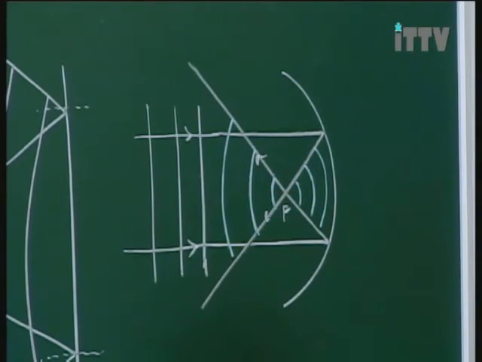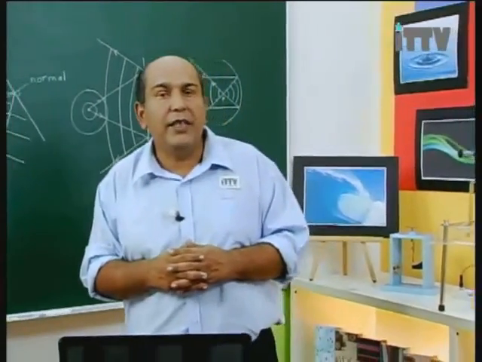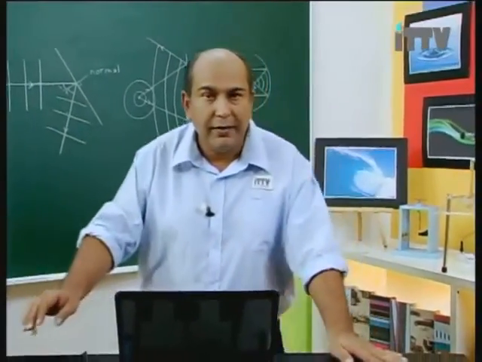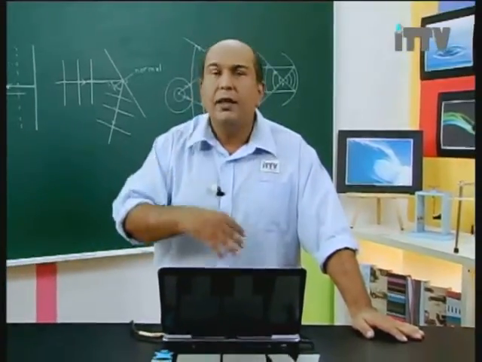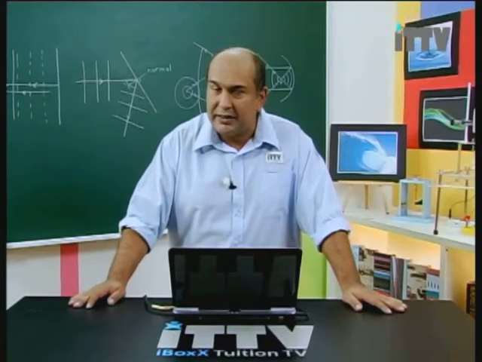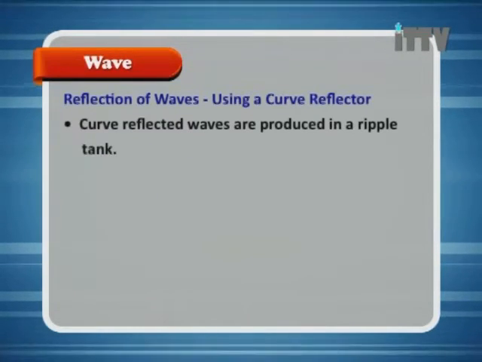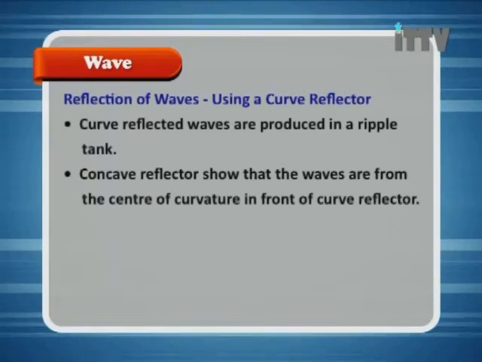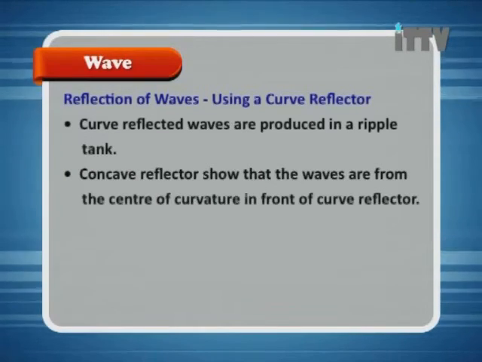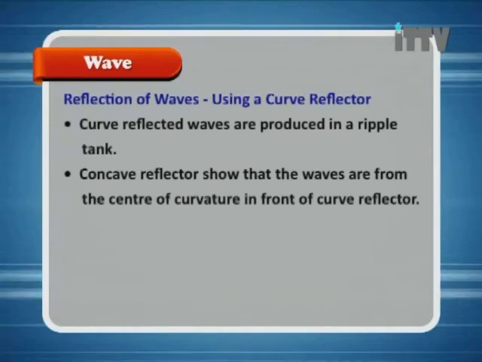So remember what I'm saying. Finish your line of propagation and treat it just as if it was a light ray. Once it's completed, then fill in all the other bits and pieces like the wave fronts. Curved reflected waves are produced in a ripple tank. The concave reflector shows the waves are from the center of curvature in front of the curved reflector.